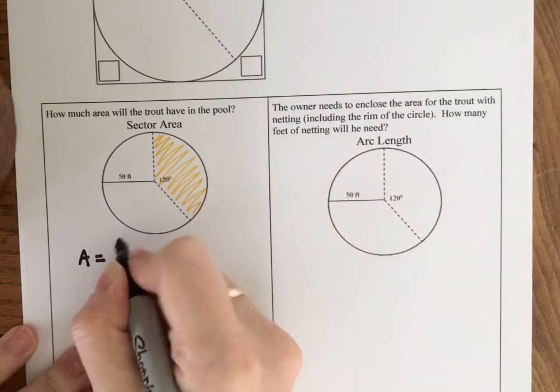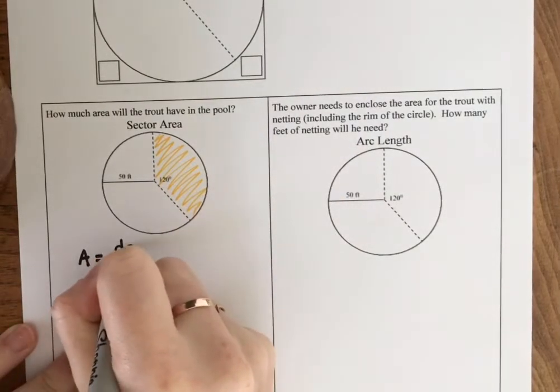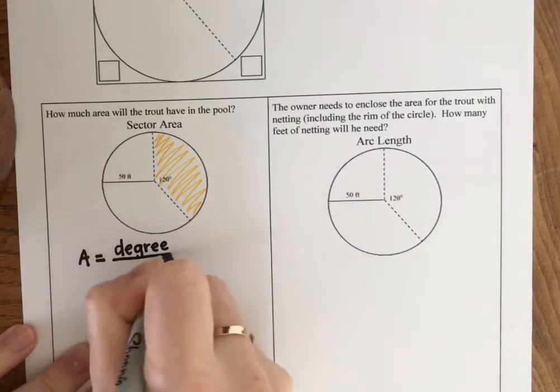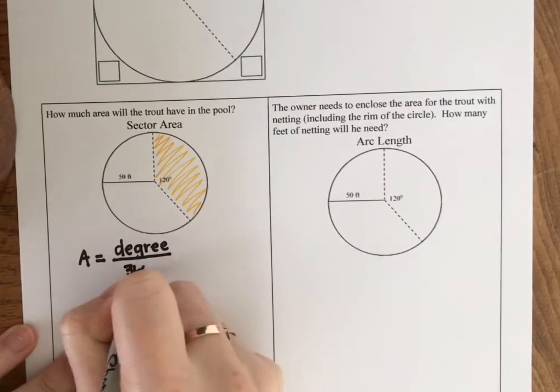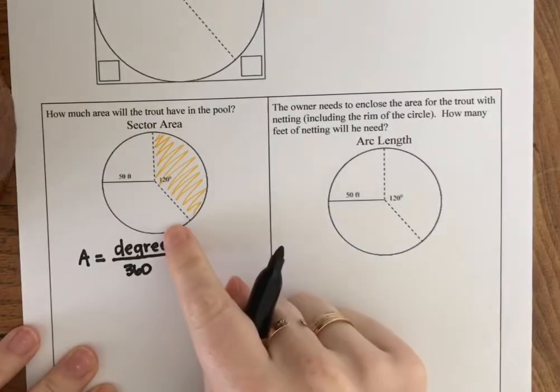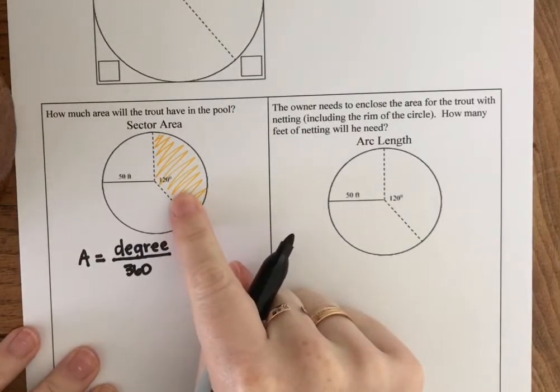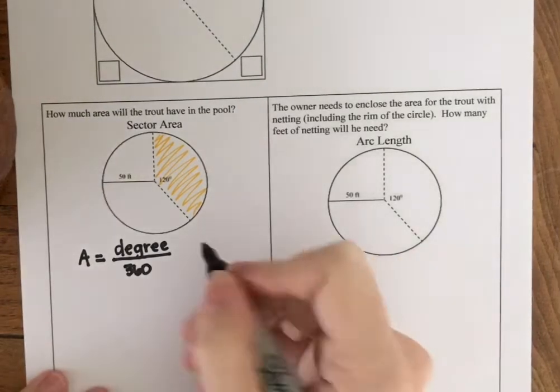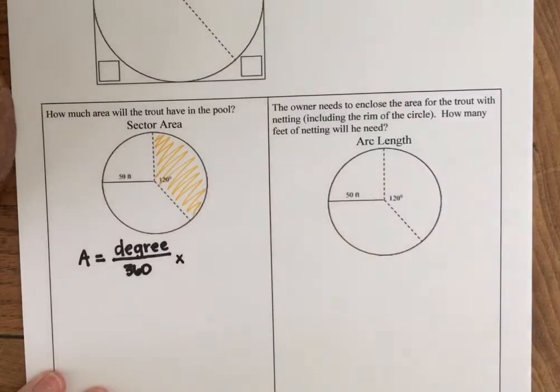Whatever my degrees are, I'm going to always take that out of 360. In this case, we'll have 120, and we'll plug that in a minute. I need to take that fraction of the circle and multiply it by the area of the circle.